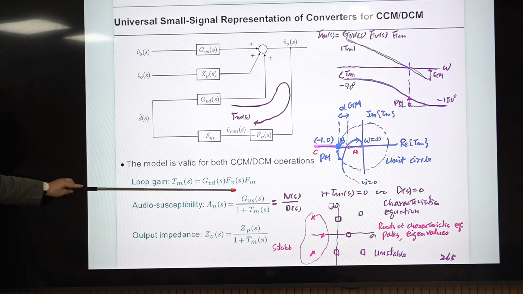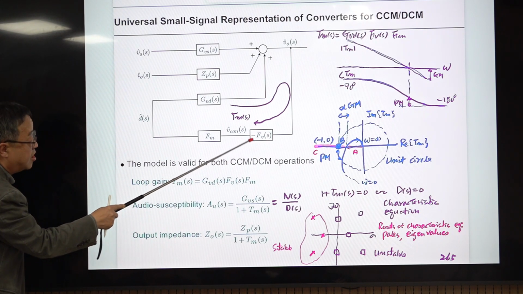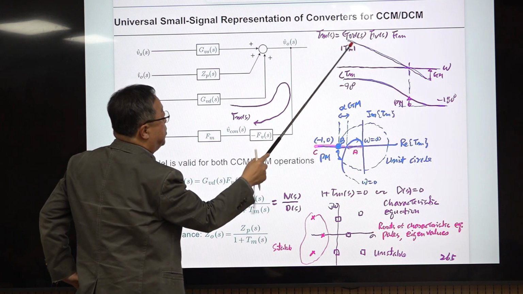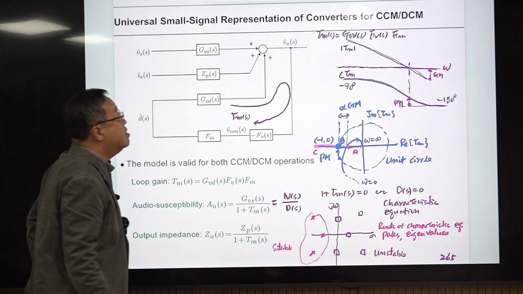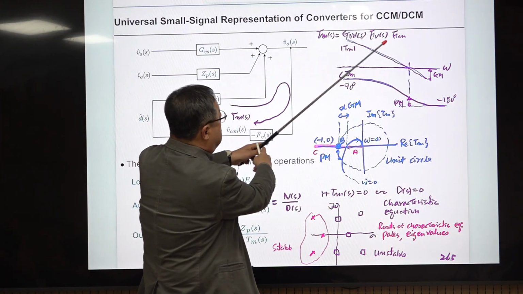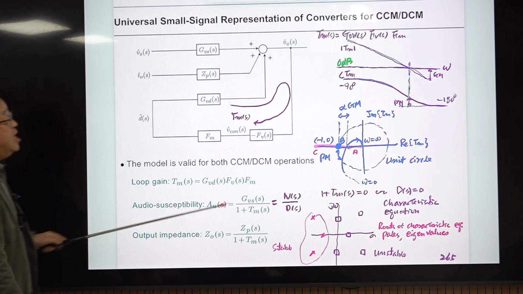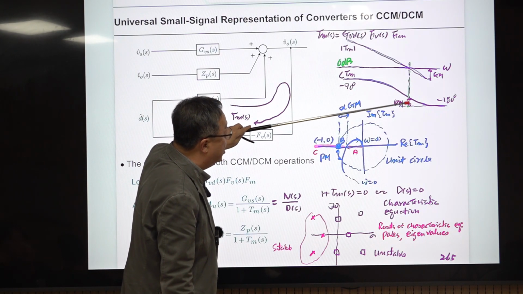And there are three closed loop transfer functions of interest. The first one is loop gain. Loop gain is simply the product of this and this, without this negative sign and this. This is the Bode plot of a typical transfer function, and this is the polar plot of this transfer function. Here this is the 0 dB line of magnitude, and you take a look at the phase of your loop gain at this frequency, and the difference between minus 180 and the phase at that frequency is the phase margin.